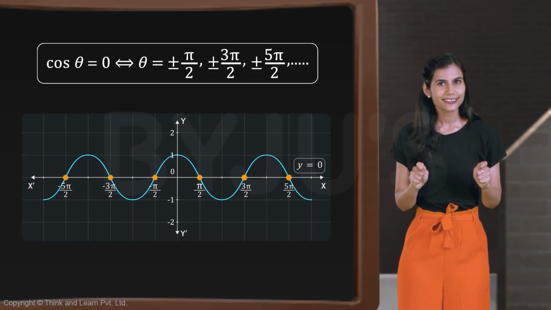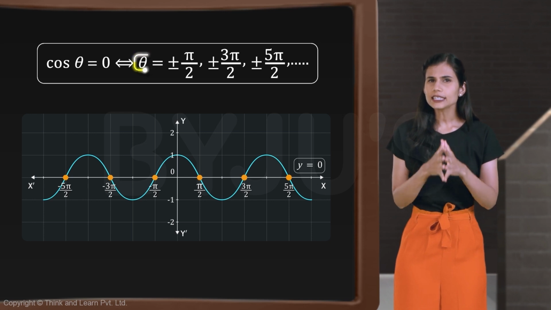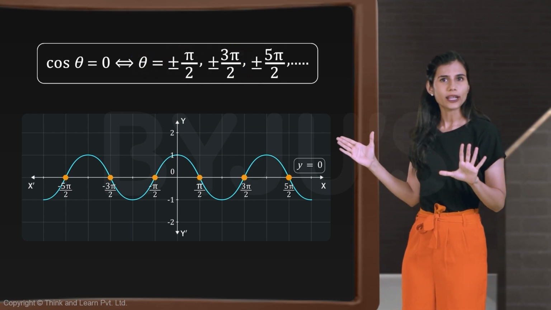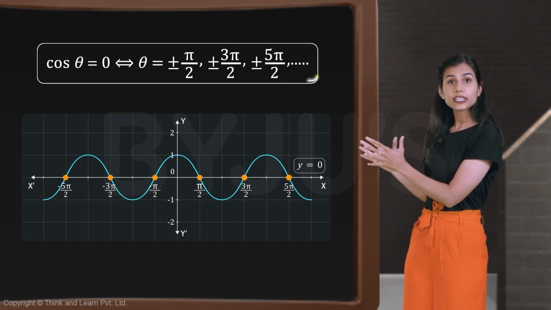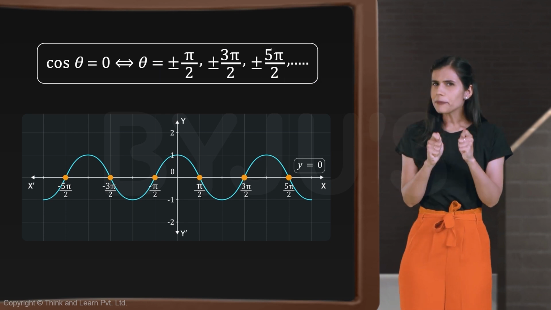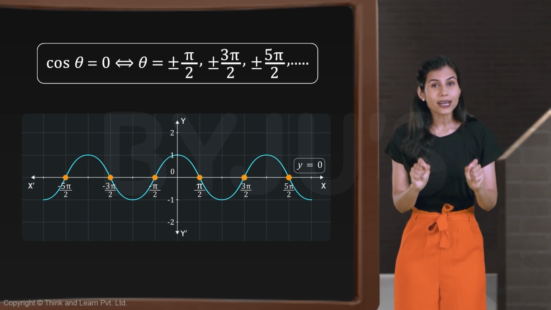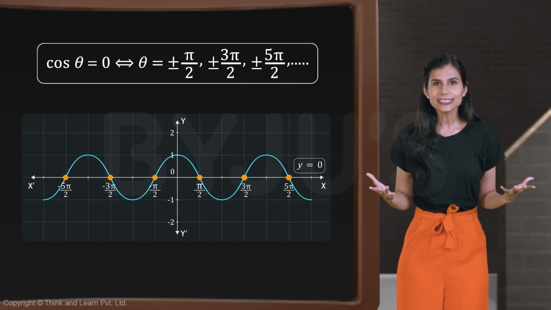So what are we getting? Cos theta is 0 if and only if theta is equal to one of these angles, any one. And the good news is that all these infinitely many angles have something very special in common. They are nothing but the odd integral multiples of pi by 2. Isn't it?